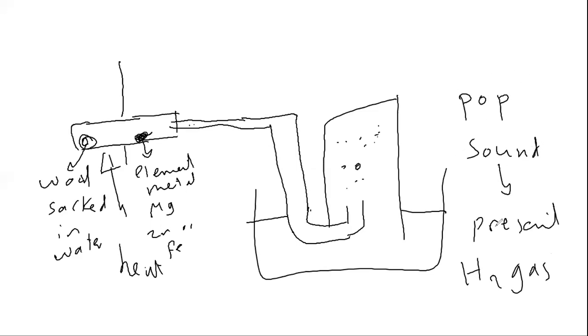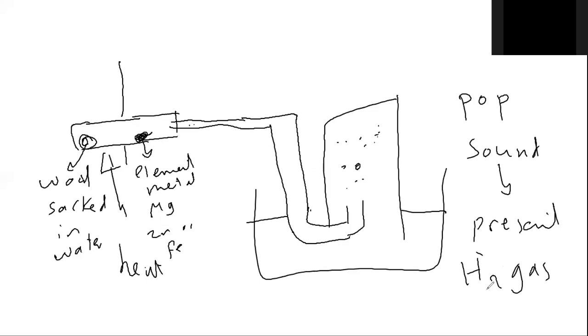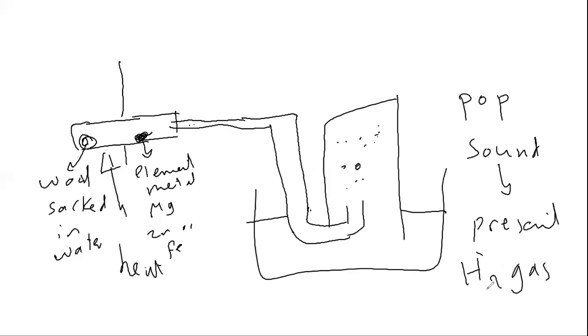This means the gas here is hydrogen gas. So in the reaction between the metal and water, the main product is hydrogen. You understand what is the aim of this experiment? The aim of this experiment is to explain that the first product of this test is hydrogen gas. You understand?